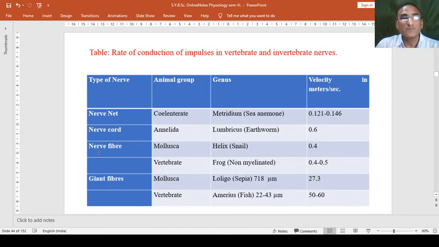In the nerve fiber of mollusks, especially the snail genus Helix, it is 0.4.